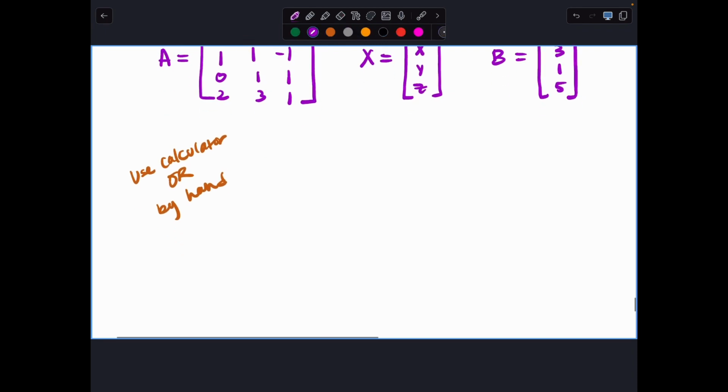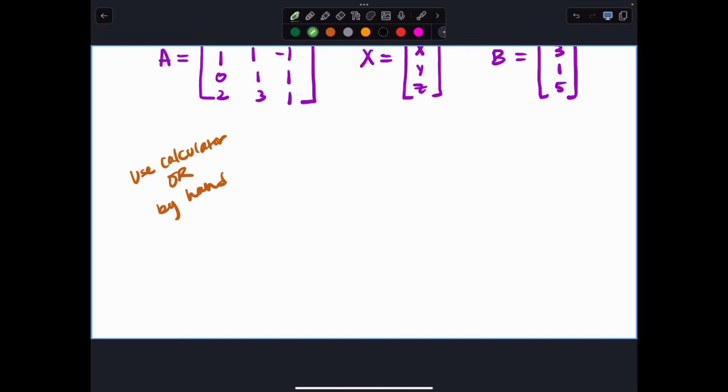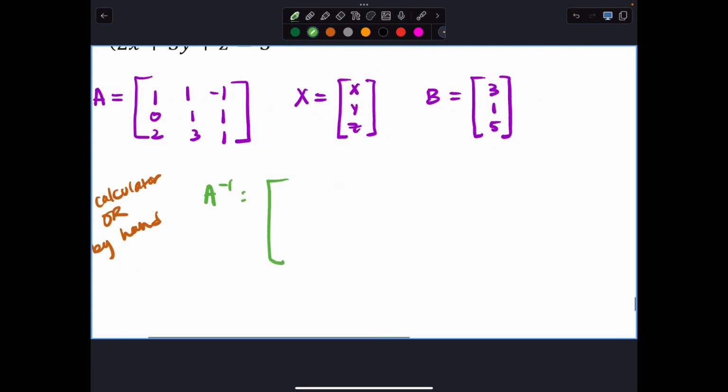On the calculator, for finding A inverse, you're setting up 1, 0, 2, 1, 1, 3, negative 1, 1, 1, and then 1, 0, 0, 0, 1, 0.